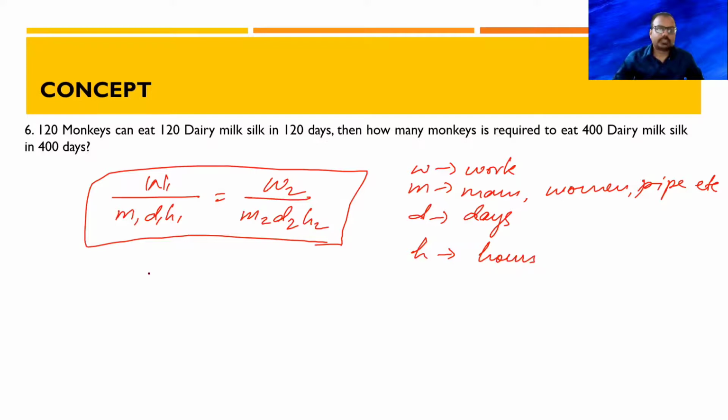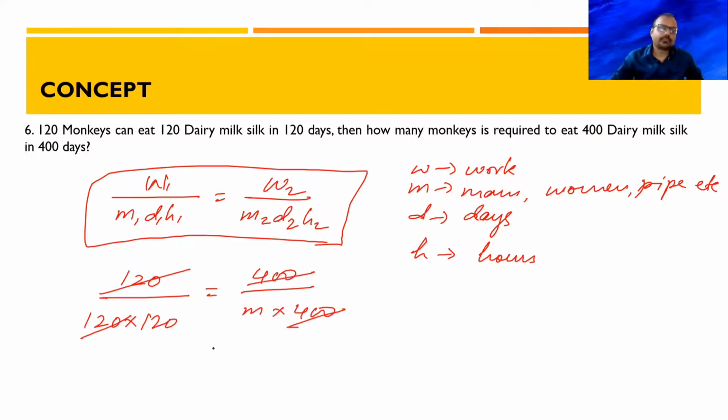Since H is not given in this problem, we ignore it. 120 Dairy Milk Silk is the work, 120 monkeys in 120 days. How many monkeys are required to eat 400 Dairy Milk Silk in 400 days? Directly we cancel this out and we get M equal to 120. So the answer is 120 monkeys.